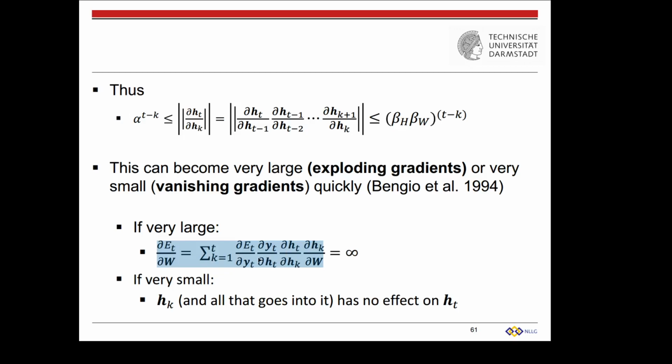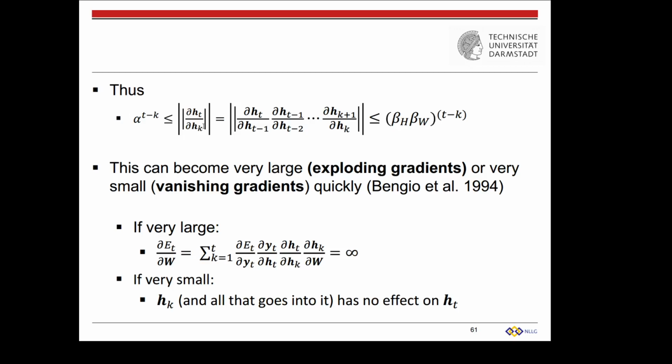But what still happens is that dh_t by dh_k is 0. And what does that mean? So this is a matrix, but it's 0. So all the entries are basically 0, because the norm is 0. Then also all of the entries are more or less 0, right?